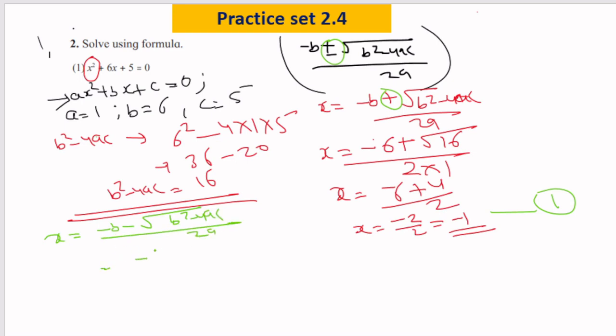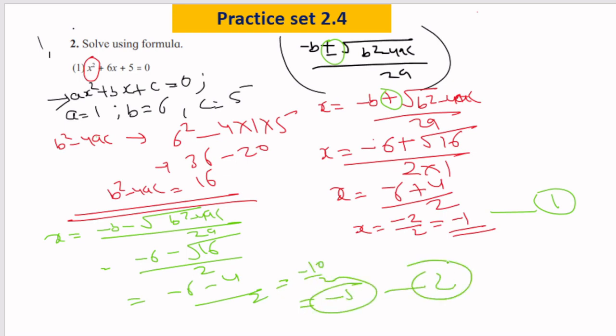In place of b you need to substitute b's value, this is minus 6, minus square root of 16, divided by 2, almost the same, only the plus and minus differ. So minus 6 minus 4 divided by 2, after solving we'll get minus 10 by 2, so that is minus 5. This is your second factor. It's very easy, you only have to follow the proper approach. Cool, let's proceed with the next question.